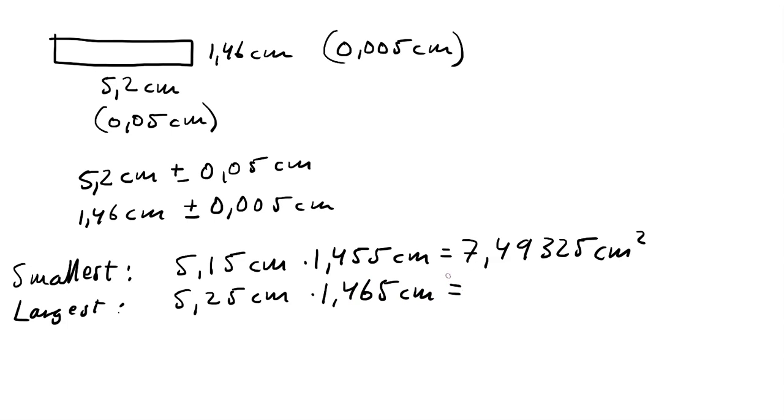And if you use the calculator here also, we get 7.619125. Okay. So this is the smallest one it could be. This is the largest one it could be, taking into consideration the errors.